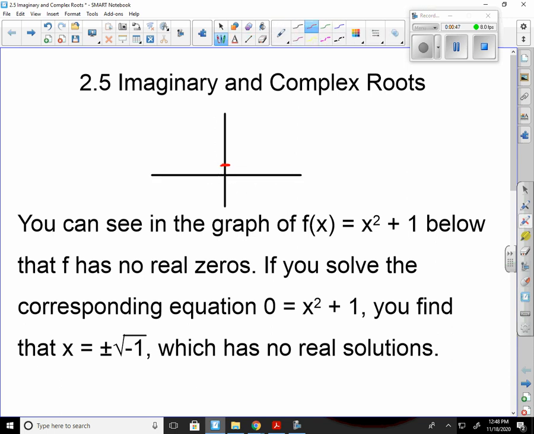The function x squared plus 1 is going to come down to 1, and it goes back up. It's a very rudimentary graph, but it illustrates the point. It never crosses the x-axis.